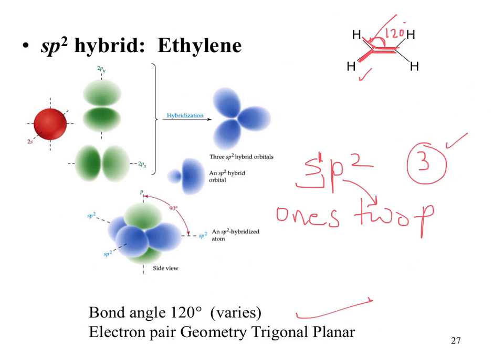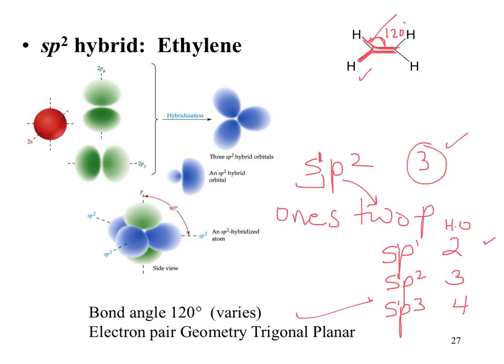So there are 3 kinds. Because my hero is carbon, there are only 3 kinds of hybridization you need to worry about. Notice 1 plus 1 is 2, 1 plus 2 is 3, and 1 plus 3 is 4. So when your requirement for hybrid orbitals is 2, you say it is sp hybridization. When the requirement is 3, you say it's sp2. When the requirement is 4, you say it's sp3.